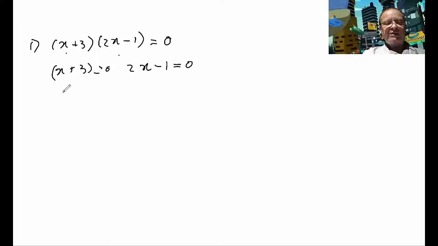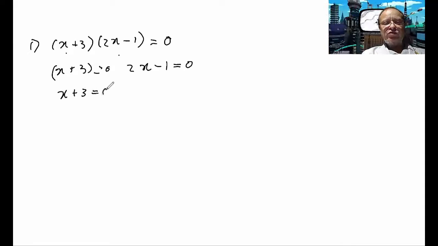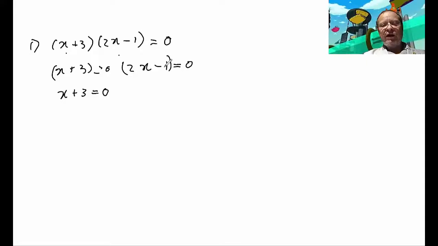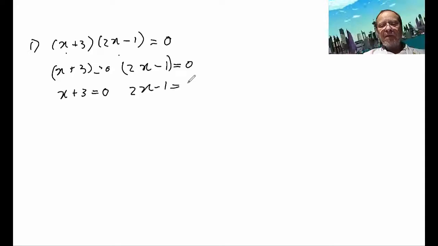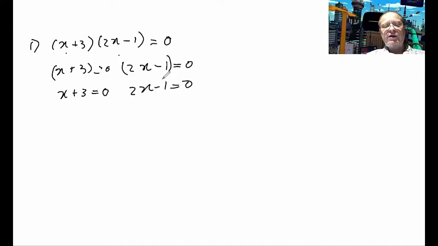So I'll just take this out of the brackets and make it into just a simple algebraic equation. And similarly, I'll do it for this factor too, and make it into a simple algebraic equation.